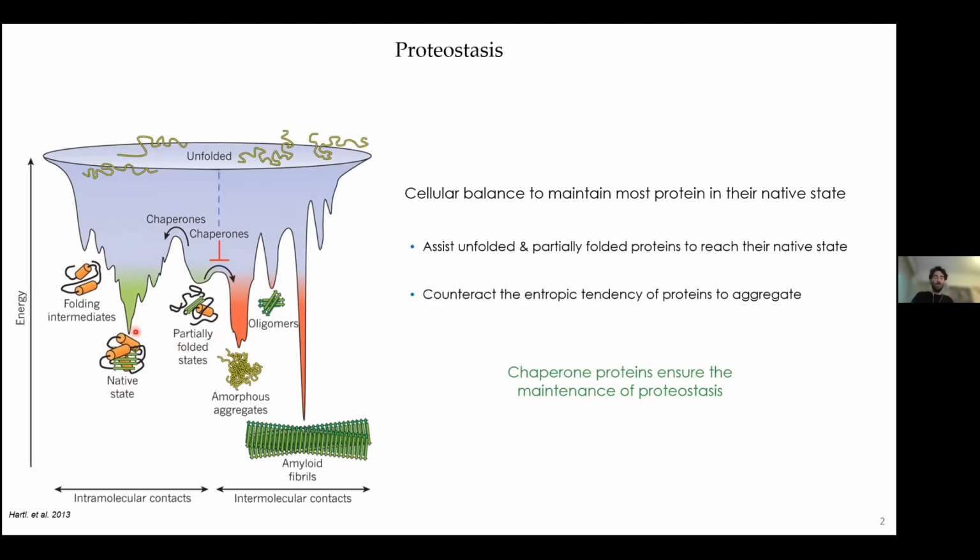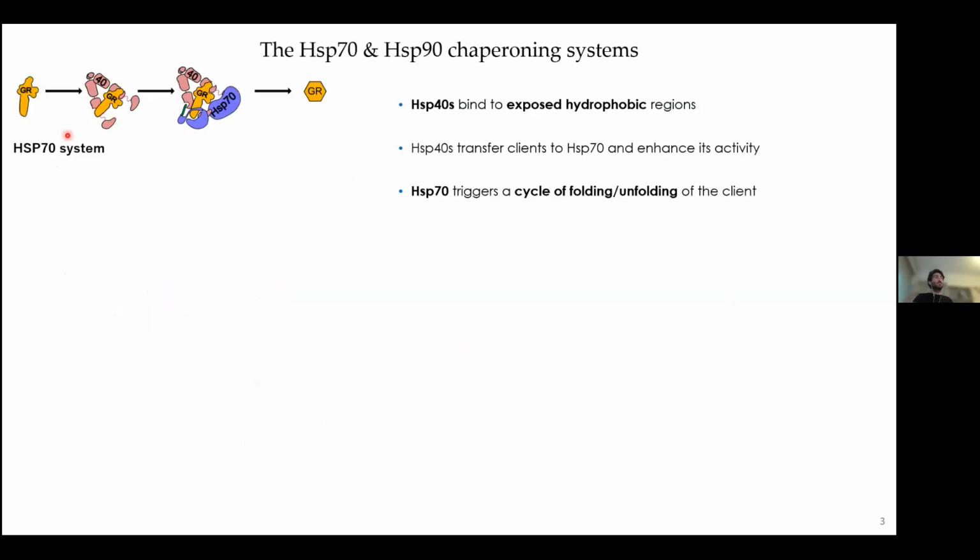There are many chaperoning systems available in the cell, but today I will speak specifically of the Hsp70 and the Hsp90 system. If we go quickly through the system, when a protein is misfolded, it will expose hydrophobic segments that can interact more or less specifically with Hsp40.